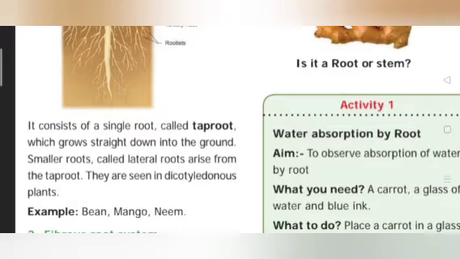When the young root comes out from the seed, then from that only two leaves will arise. Such plants are called dicotyledonous plants. So mostly dicotyledonous plants contain taproot system. Is it clear, children?